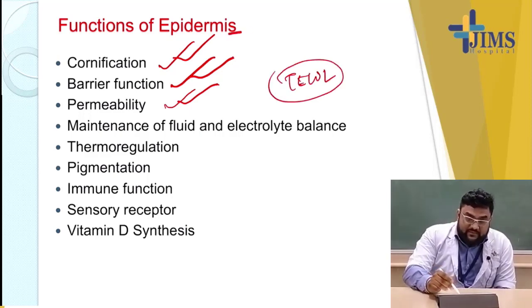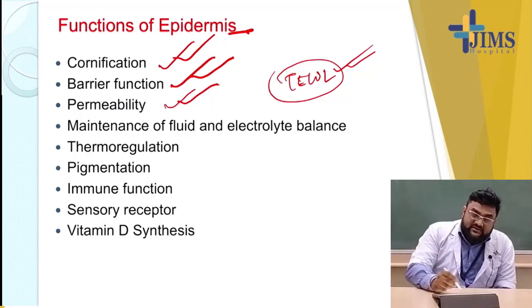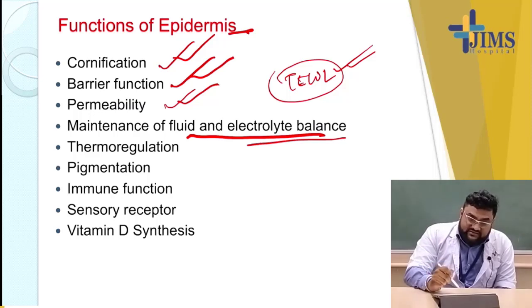The epidermis will control your body temperature. It will regulate the amount of water that is evaporated out of the skin, and hence it will control the body temperature, which is very essential for all the functions of the body. Maintenance of fluid and electrolyte balance.